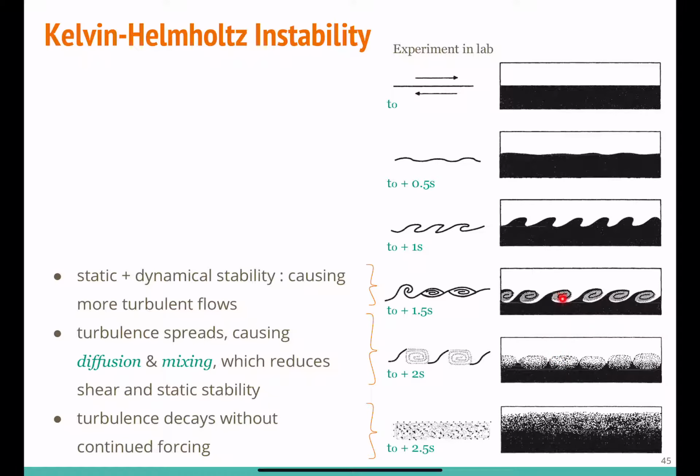So this static stability is gone because of all the mixing, and also the wind shear is gone, and the turbulence decays without continued forcing. So if there is no continued forcing, this is the aftermath of all the mixing in this Kelvin-Helmholtz instability.